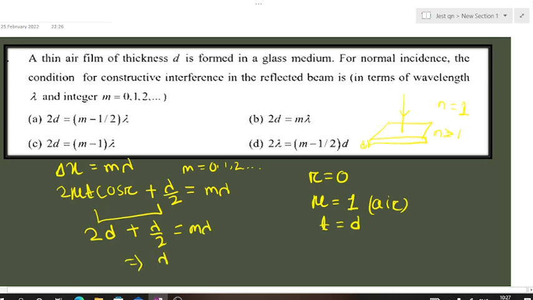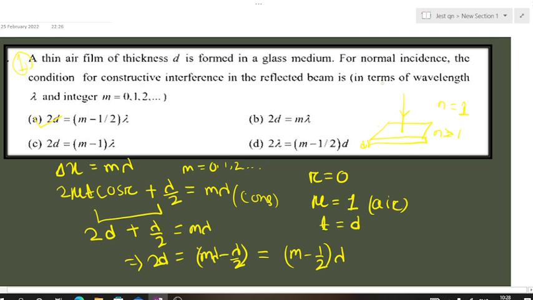That implies 2t is equal to m lambda minus lambda by 2, equal to m minus half, whole into lambda. This is the condition for constructive interference, and this is the answer, which matches option A. This is question 1.